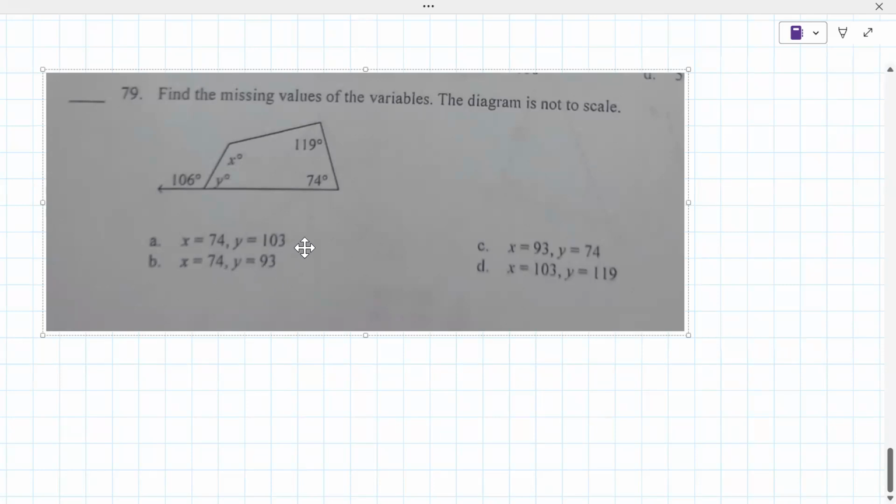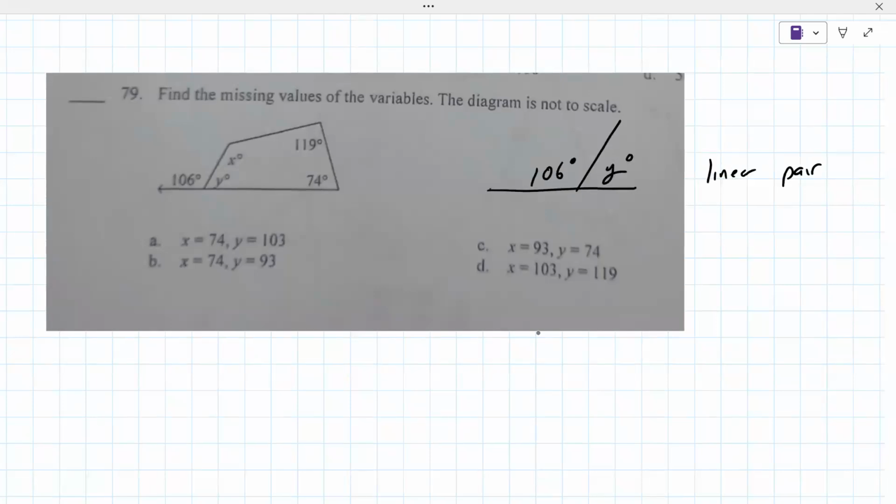Just want to see if you are able to recognize it. I don't know. Okay, so let me draw it this way. 106 and Y. Does that help? Not really, no. Okay, so these make a linear pair.